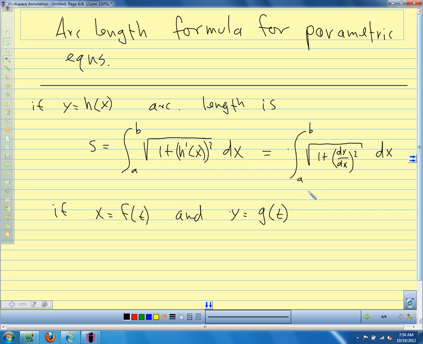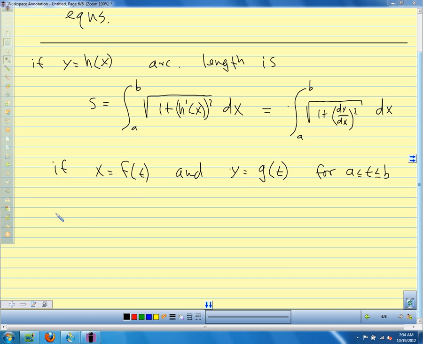And we're integrating from t equals a to b. Here a and b were our limits on x. Here we're going to let a and b be our limits on t. We can write that s equals the integral from a to b.